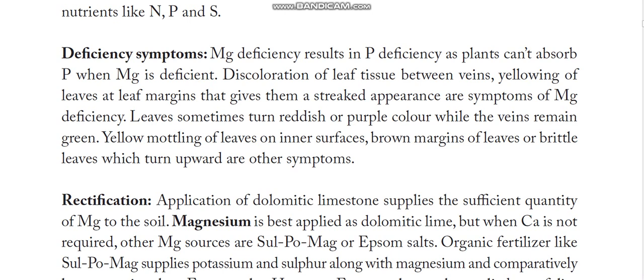Leaves turn reddish or purple while the veins remain green. Always remember, when veins remain green and leaves become purple, the deficiency suspected is phosphorus associated with magnesium.